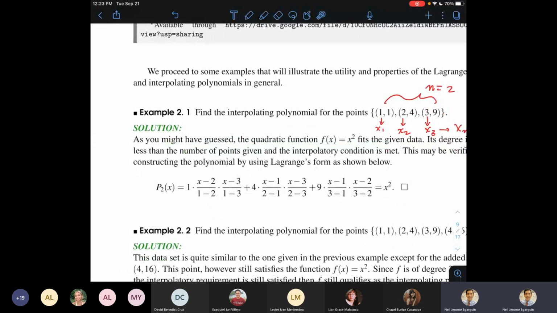So yung mga denominator ay laging yung x sabay. So ito yung para kay x1. Okay. Yung mga denominators laging x1 minus xk. So hindi ko pwedeng lagyan ng 1 minus 1 yung denominator. So kaya laging dalawa lang yung multiplier. So I have x minus 2 over 1 minus 2 times x minus 3 over 1 minus 3. Saan nanggaling si 2 and 3? Kasi sila yung x2 and x3. So ito yung x2, ito yung x3, tapos ito ay x1.